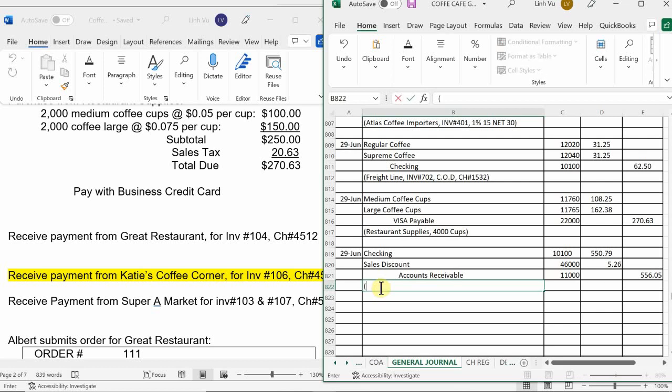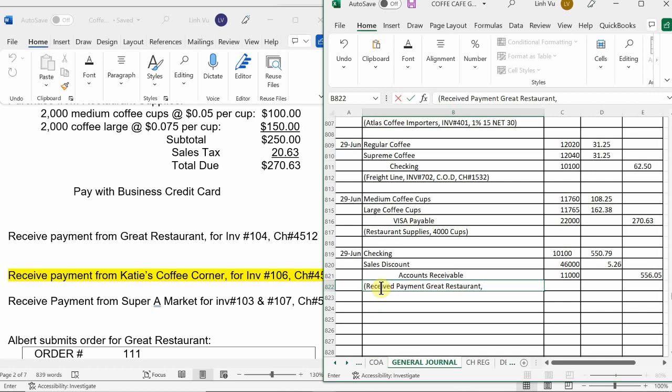Who did I receive the payment from? I received a payment from Great Restaurant, right? For what?